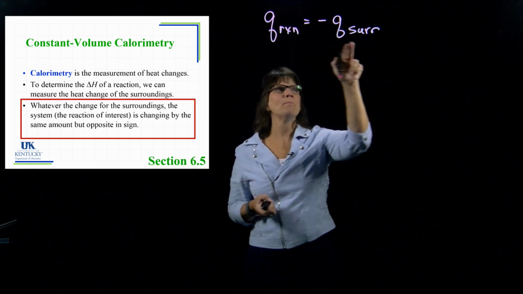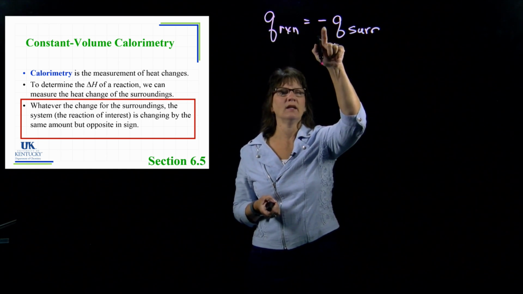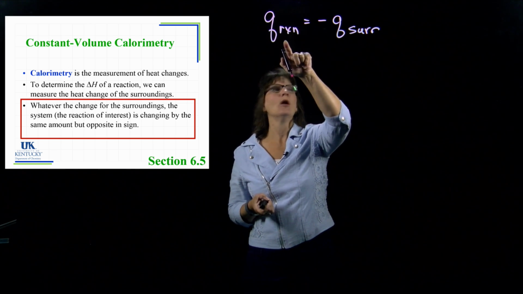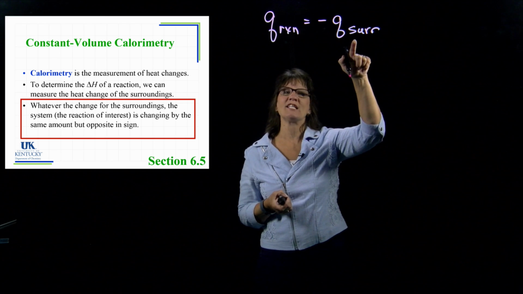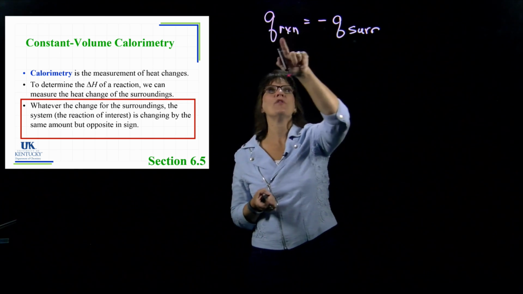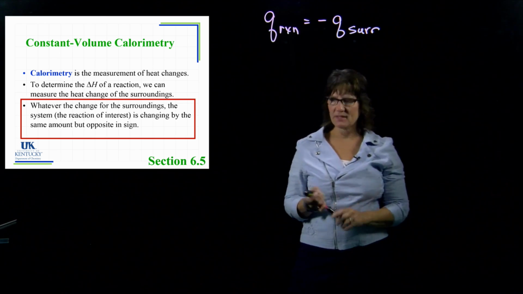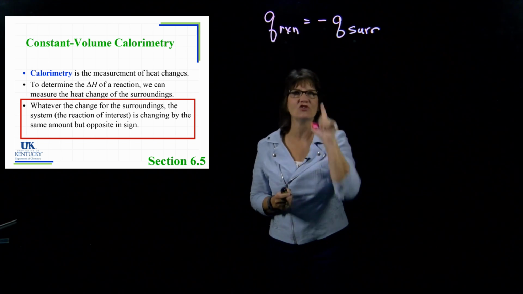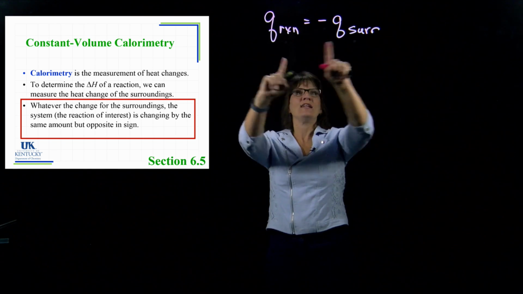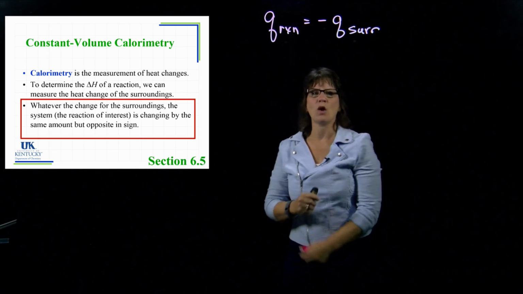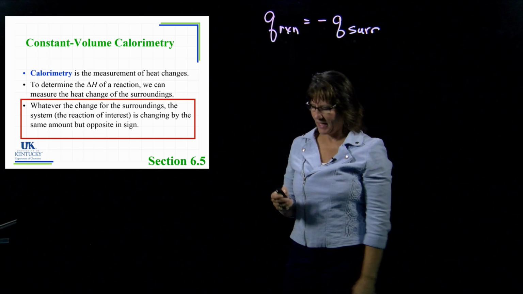So there's the same magnitude but opposite in sign. We can't know this directly, but we can easily measure this. We can know how much heat the surroundings absorbed or lost, and we know that they have to be equal but opposite in sign. So that is a foundational piece of information, so we got a red box around it. It is a foundational way of writing it equation-wise when we're dealing with calorimetry.